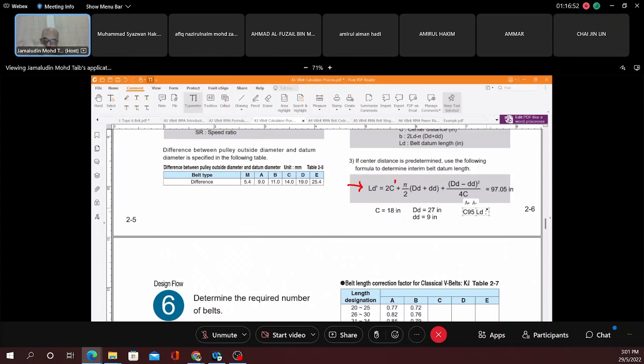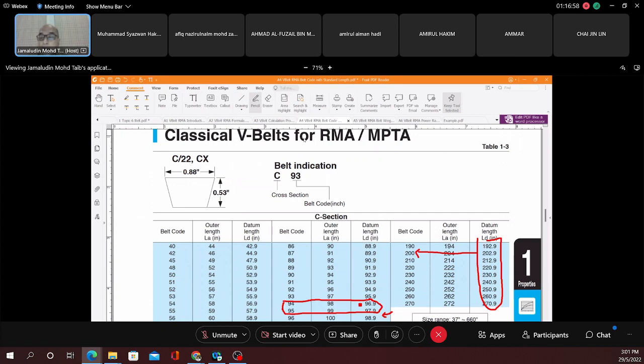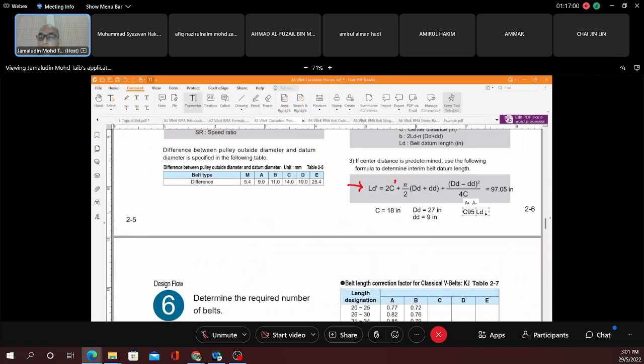And remember the table, which table? 97.9 inches. That will be the LD here, 97.9.